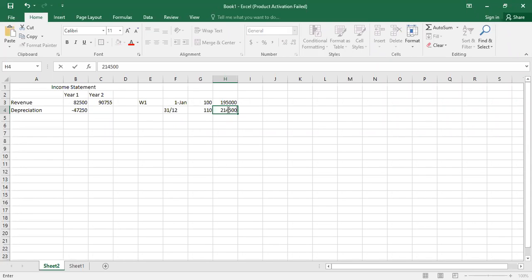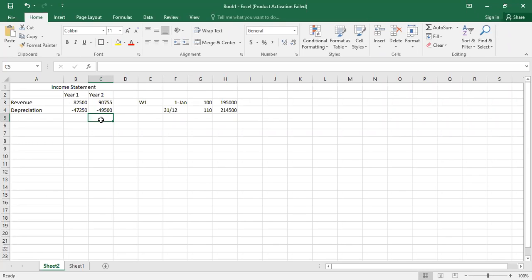Multiply by 3 over 13. That gives 49,500. So that is our depreciation.